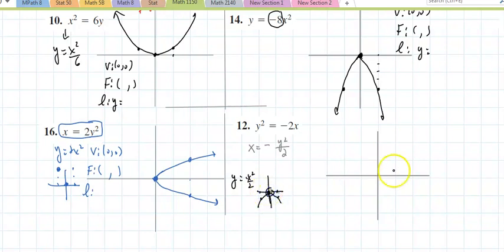So 0, 0, switch the x with the y. 1, negative 1 half becomes negative 1 half, 1. And negative 1, negative 1 half becomes negative 1 half, negative 1. And there's the graph. It's not centered identically. That's why it doesn't look symmetric.